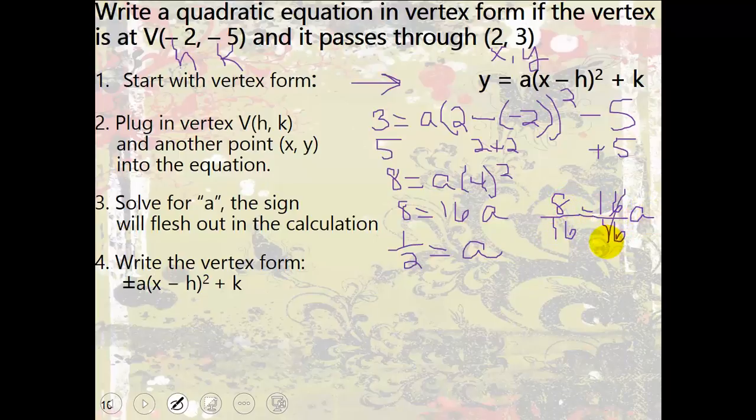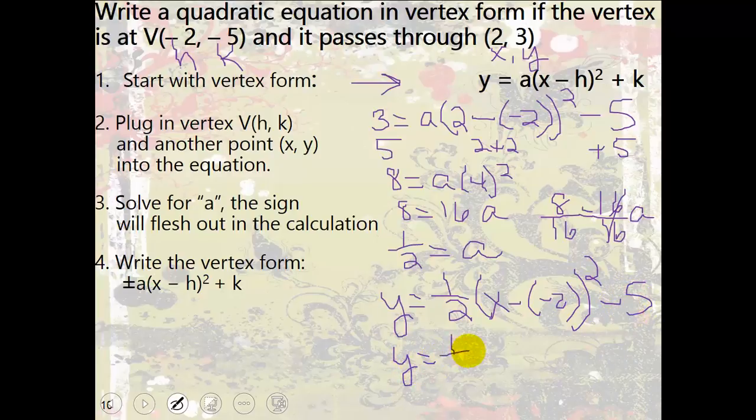So now I'm going to write my equation. y equals 1/2 times (x minus a negative 2) squared plus negative 5, or minus 5. So I get y is equal to 1/2 times (x plus 2) squared minus 5.